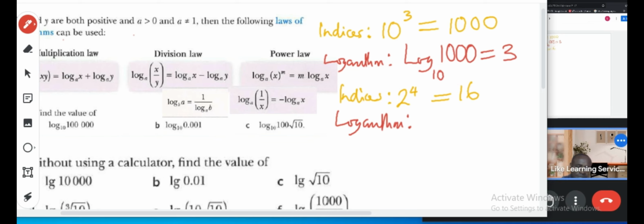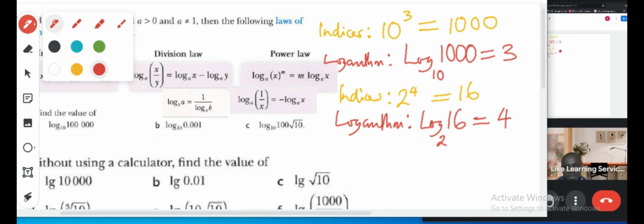Log 16 in base what? 2. Because the number that's the base is written there. It gives us what? 4.